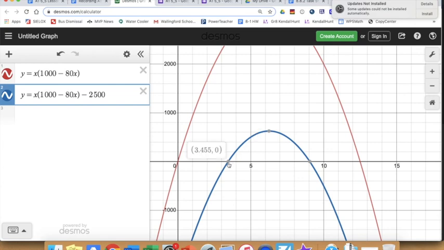I'm only earning profit if I charge, let's see, between $3.46 and $9.05. So I have to charge between 3 something and 9 something in order to earn a profit. All right, and the reason for that is, even though like $10, even though I'm selling it for more, I'm not expected, remember, to sell as many, because I'm selling 80 less per additional dollar. So I'm selling less of them, and that's making a difference in my profits.